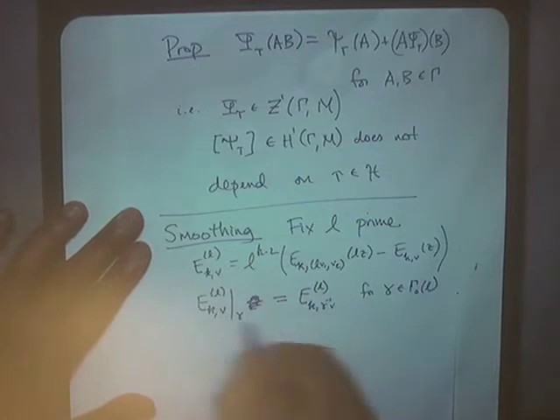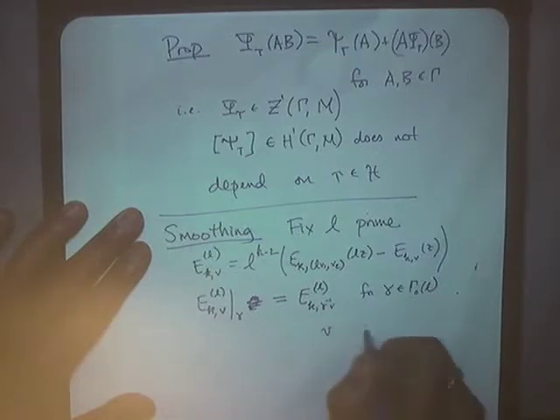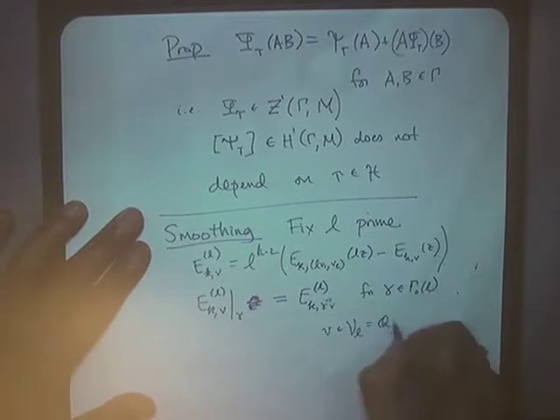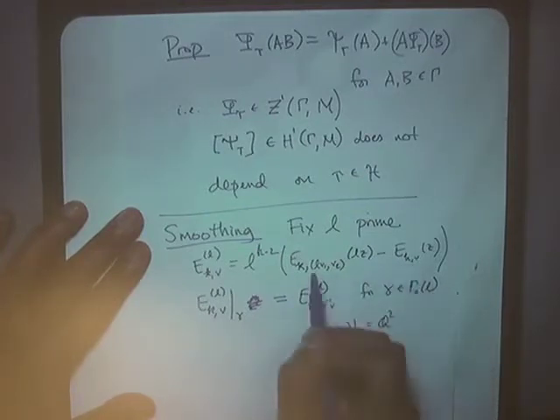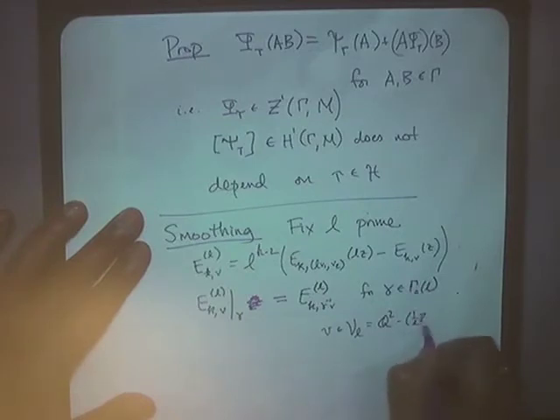And now you've got to be careful about your V's because I didn't want V in Z squared, at least when K was 2. So now what I'm going to define is I'm going to only take in this equation V to be in what I'll call V sub L, which is what you need to do to make sure that neither of these is in Z squared. So I'm going to take 1 over L Z plus Z, and then I'm going to mod out by Z squared.